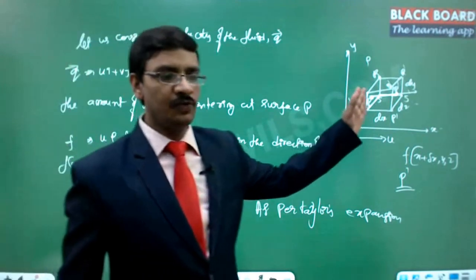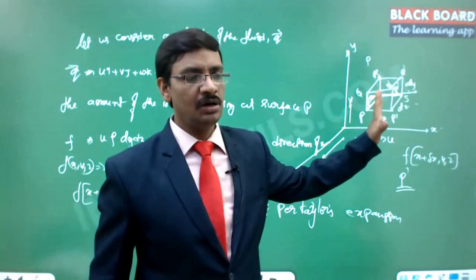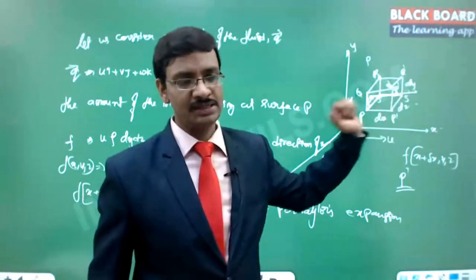Now the amount of the fluid that is incremented within this particular closed volume is equal to the outward flow minus inward flow. Right. Sorry, the increment is inward flow minus outward flow.